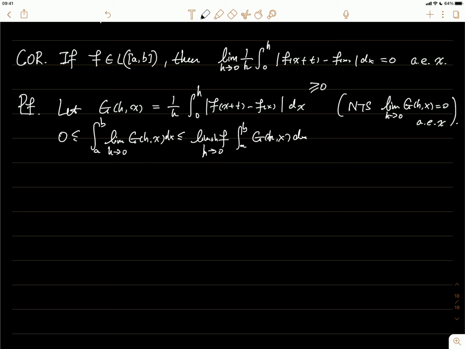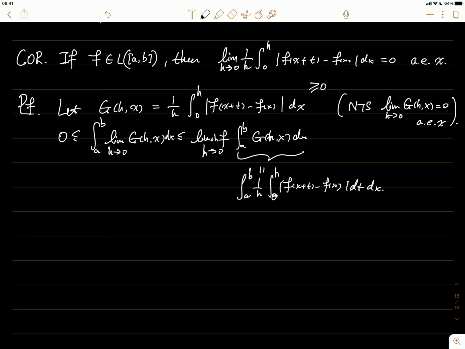So recall that we used Tonelli's theorem to show that this quantity is equal to the integral from a to b of 1 over h, the integral from 0 to h of |f(x plus t) minus f(x)| dt dx, right? Then we exchanged the order of the integrals, and due to the continuity of integration, we showed that this goes to 0 as h goes to 0.